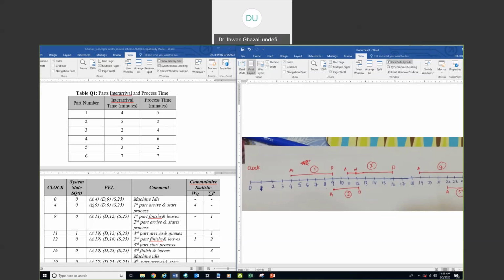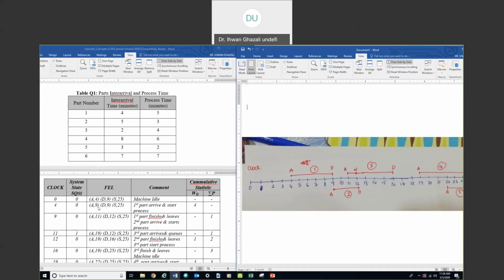Here is the future for part number 2. You can see the process of part number 2 arrives in minute 9, right? So you write down here, arrive at minute 9.